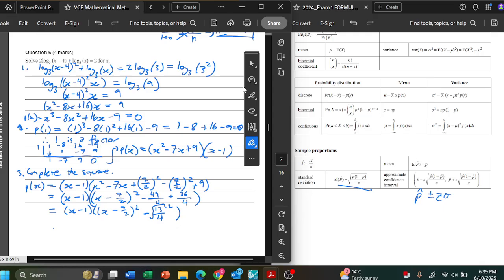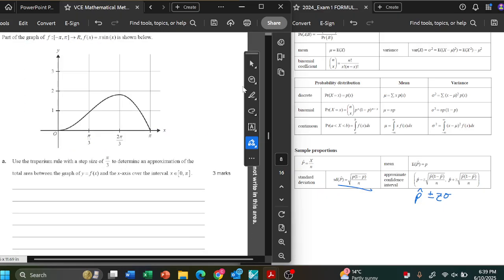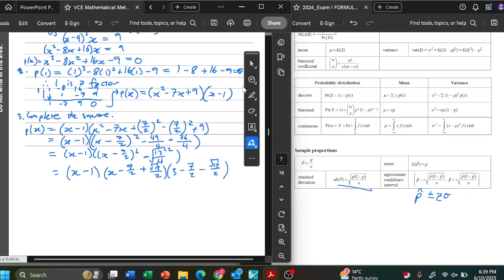So that then allows us to write this as a difference of two squares: x minus 7 over 2 plus root 13 over 2, times x minus 7 over 2 minus root 13 over 2, because the square root of 4 is equal to 2. We are trying to figure out when all of that is equal to 0.